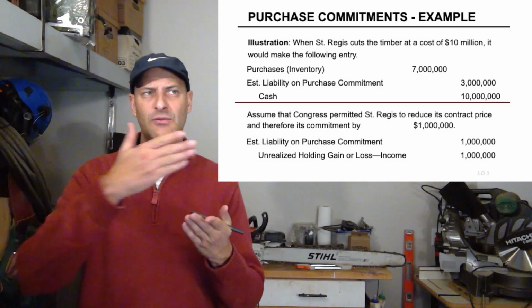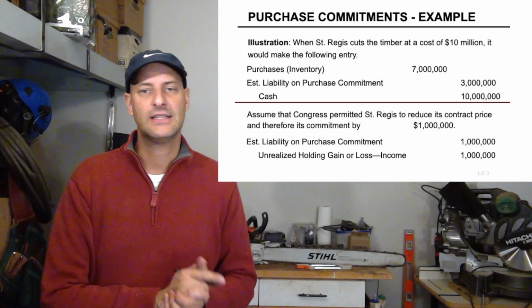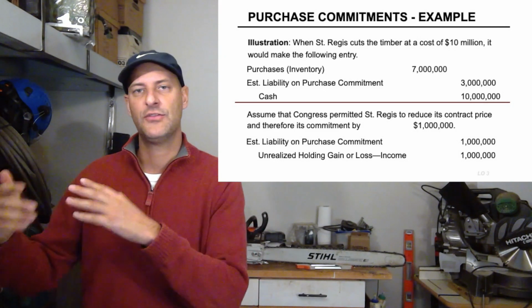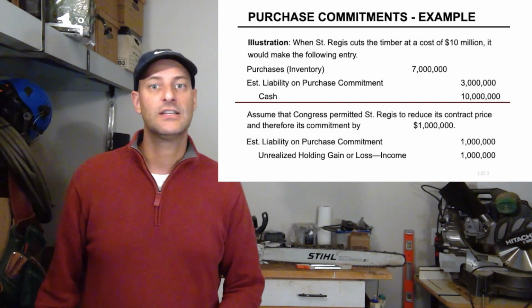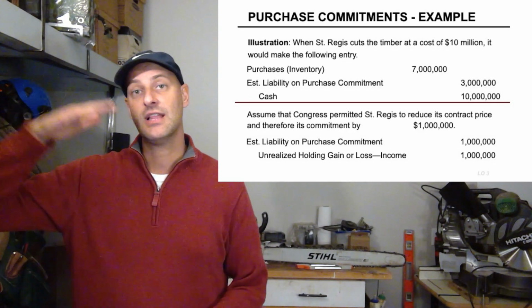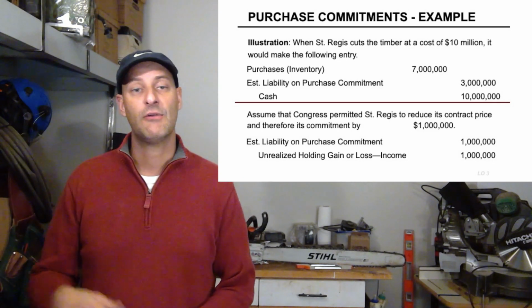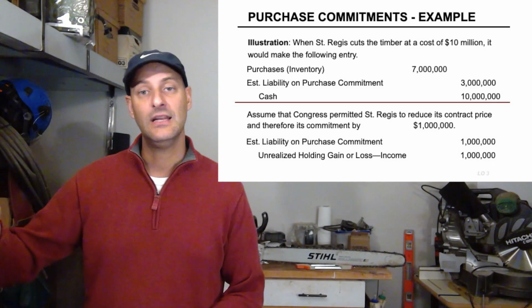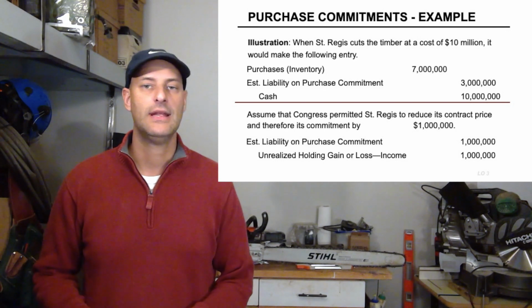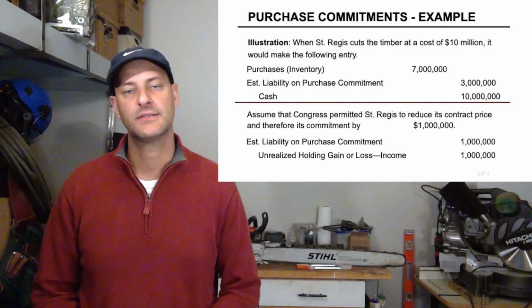So let's say, at the end of 17, they recognized that loss. Let's say sometime in 18, they work out this deal with the seller to only pay $9 million instead of $10 million. They then get to reduce the liability from $3 million to $2 million and recognize a holding gain of $1 million, which would be a credit to unrealized holding gain or loss.